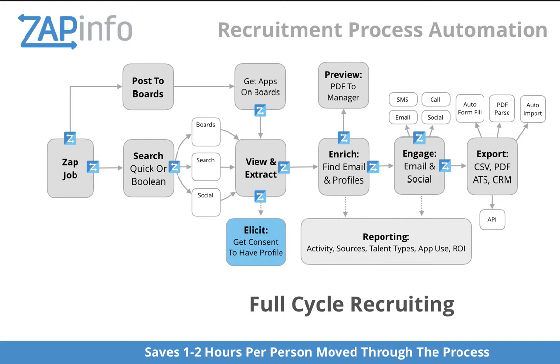You can even elicit and get consent from your candidates to be compliant with either GDPR or the terms of service from major social networks in order to get the candidates to say, yes, you can take my profile. We also then enrich and find the email and profile data, can automate the engagement process, and again can export the data, which cuts the recruiting time by as much as 50% when you're working with the Zapinfo tool.